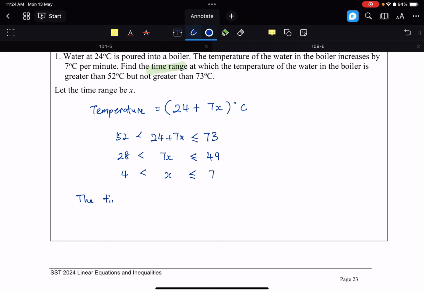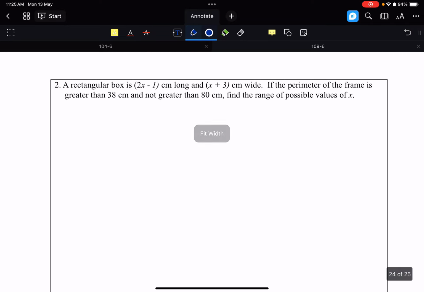The time range is greater than 4 minutes but not more than 7 minutes. There we go. That's the solution. Okay. Right, next example.